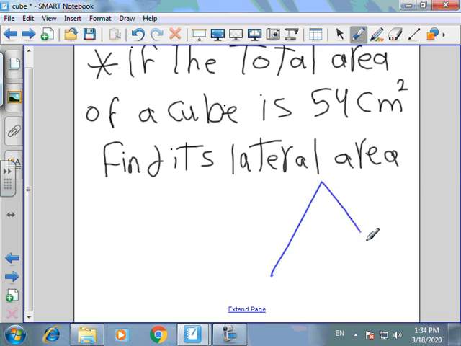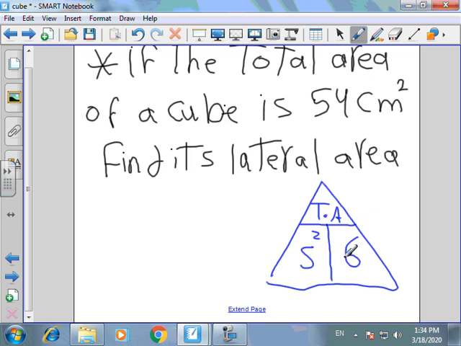We're going to do the magic triangle. Here is the total area. And what is the rule of the total area? Excellent. It's S to the power 2 times 6. So now we need to find the S, or the side. How can we get the side? Excellent. It's total area divided by 6.